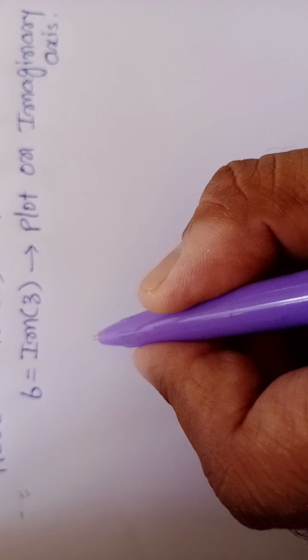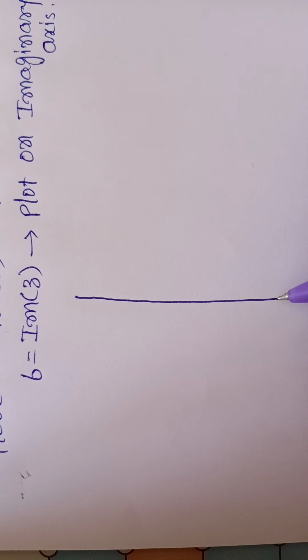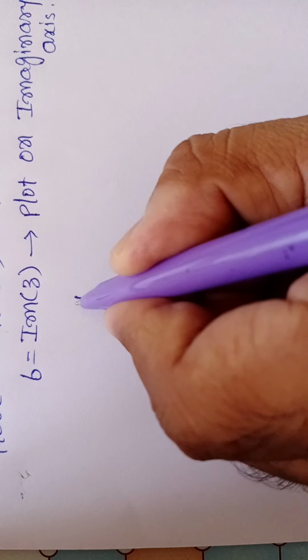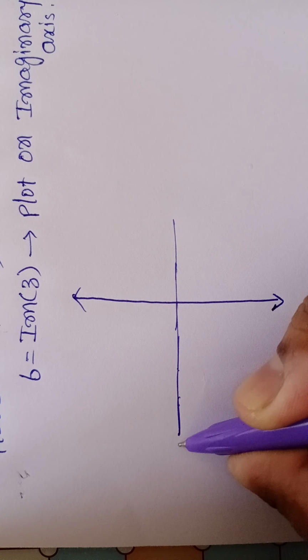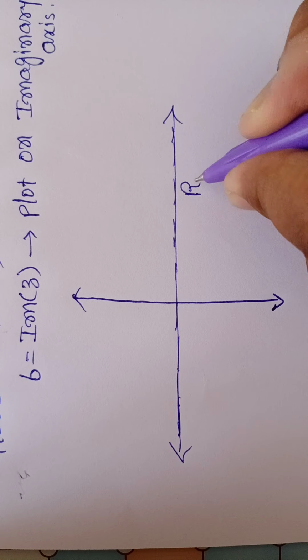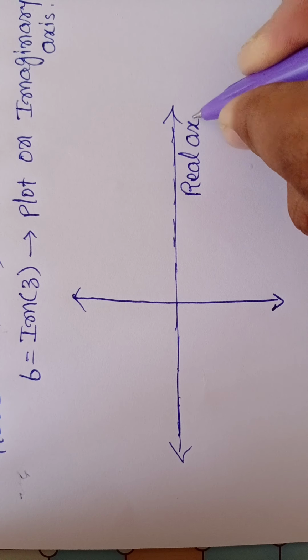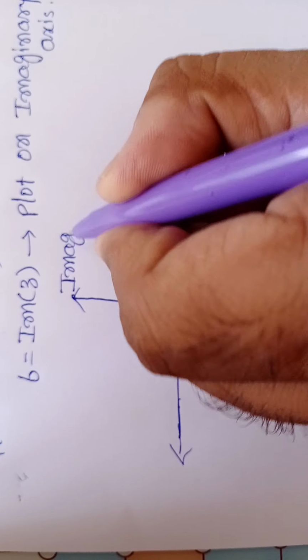So the x-axis and y-axis are known here as the real axis and imaginary axis. These axes are like this, as we know. How to draw the axes? We know that two perpendicular lines we have to draw. Here this line is the real axis and this line is the imaginary axis, right?